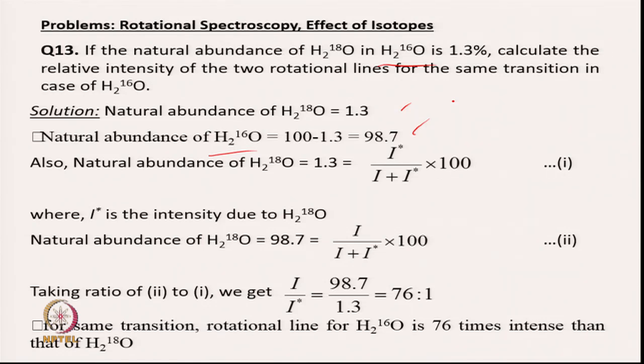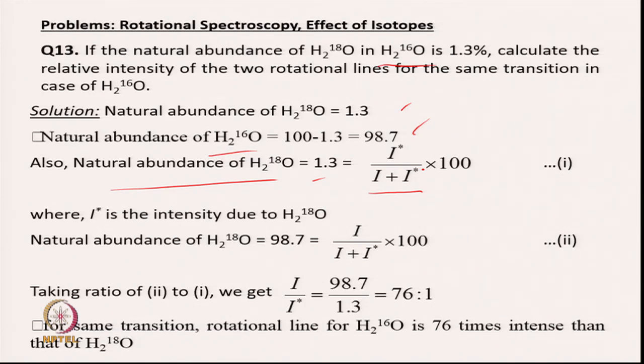So, natural abundance of S 18 O is 1.3, and that should be equal to the intensity for S 18 O divided by the intensity for S 16 O plus the intensity of S 18 O, multiplied by 100.